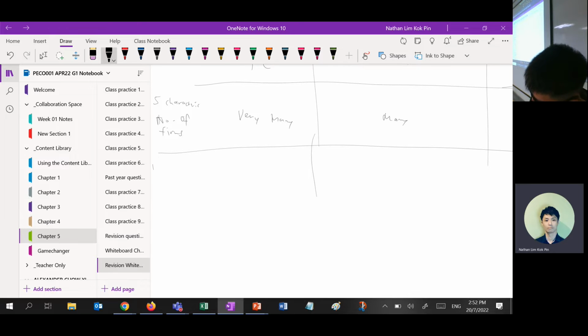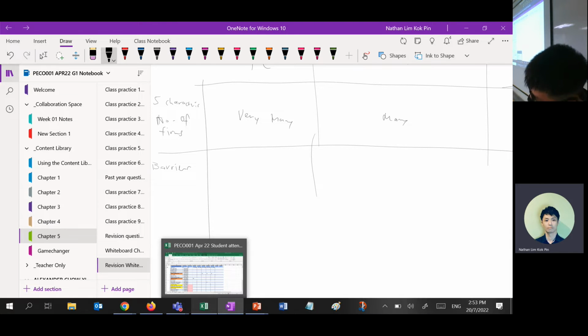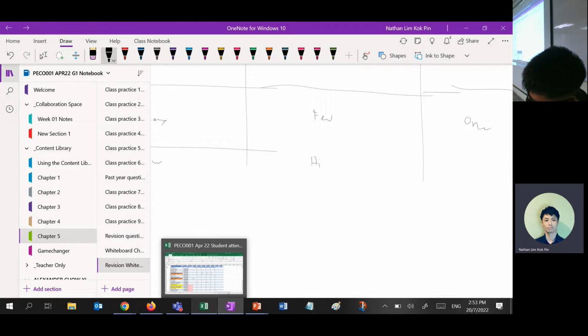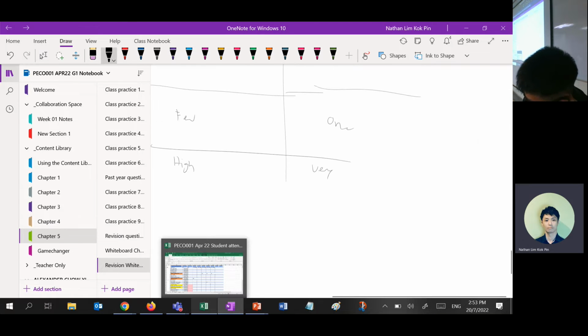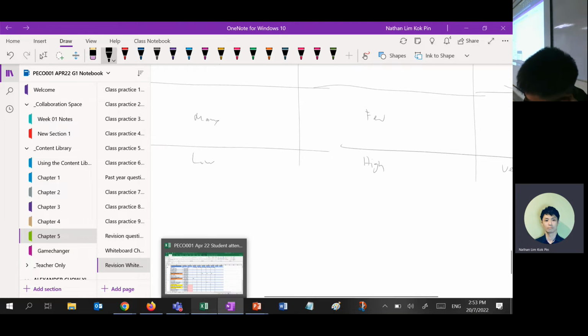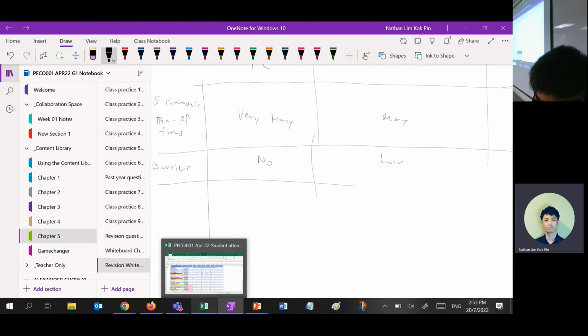Second, barriers. Ask you to study, don't want to study. Everything want me to do revision for you. Very low. No, low, high, very high. Okay. What's the third characteristic?